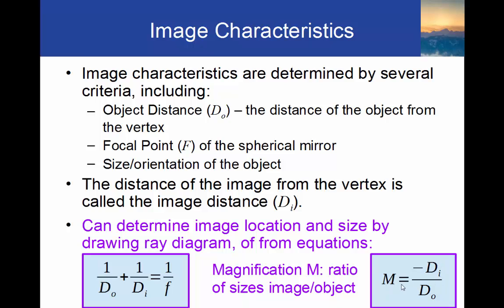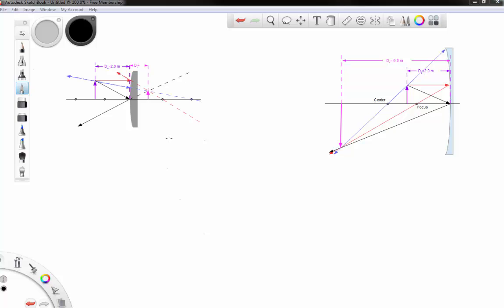And so a real image in this case is going to be a positive magnification and therefore upright, and a negative number overall means a virtual image and therefore inverted. In any case, if you wanted to draw the ray diagrams, this is roughly what the ray diagram is going to look like if you had a convex mirror. So a convex mirror, this is the mirrored surface.